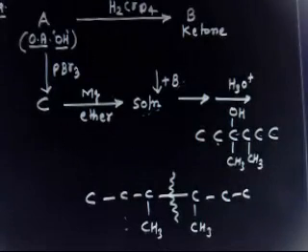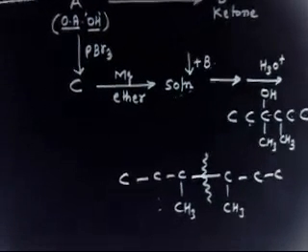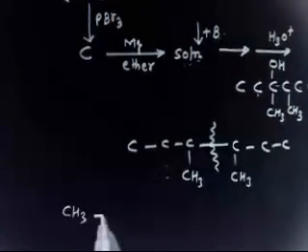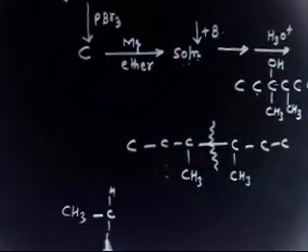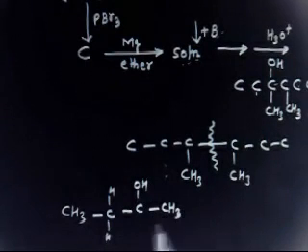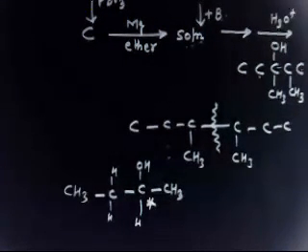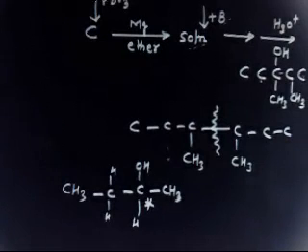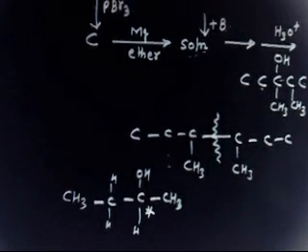Some of you might have done this one. So now the structure of A is very clear. A is CH3, CH, COH, CH3 hydrogen. This carbon is optically active, so this is the alcohol because it is optically active.